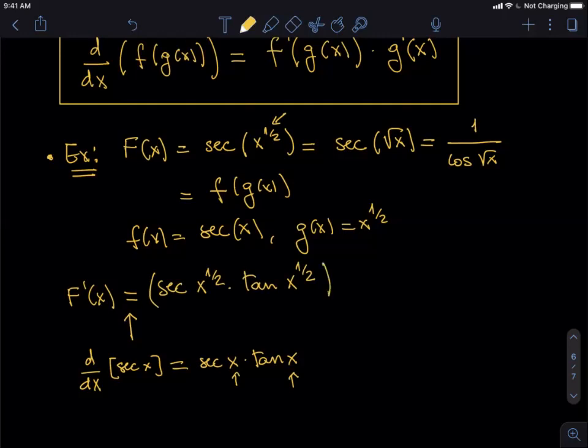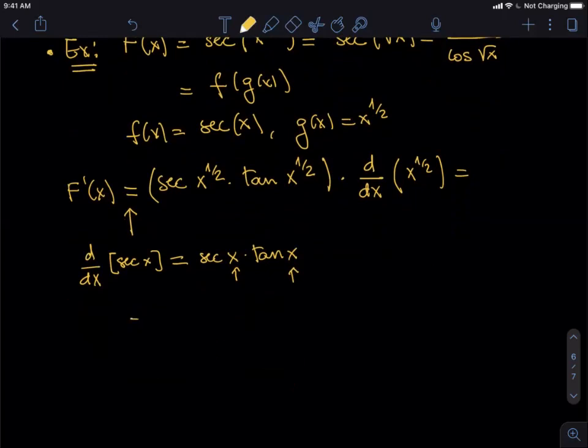Okay, this is the derivative of the outside function f evaluated on the inside function g, and now multiply by the derivative of g, which is x to the 1/2. And this is 1/2 x to the negative 1/2, or if you want, 1 over 2 square root of x.